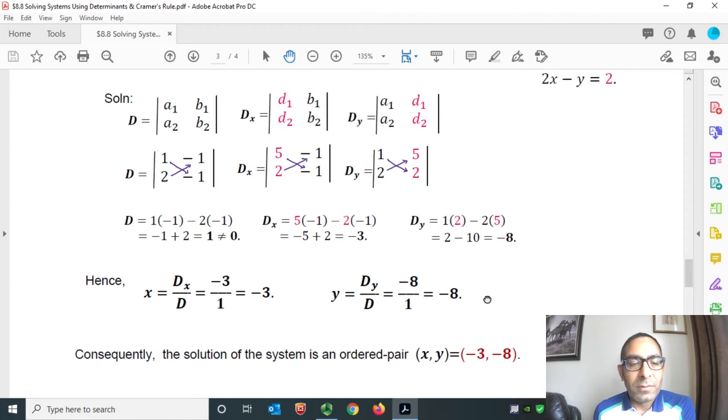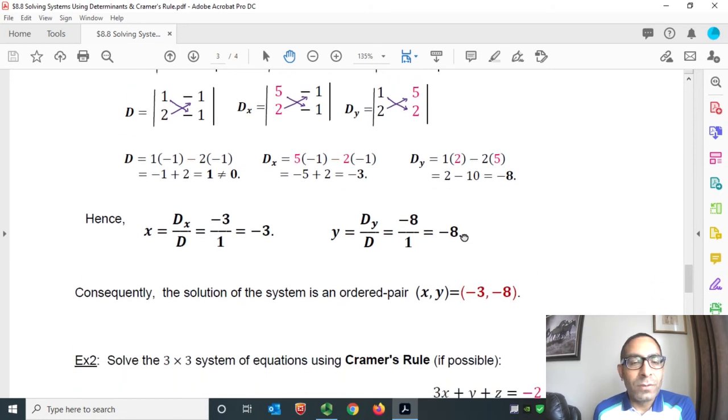Now, by Cramer's rule, the solution x equals the ratio Dx over D. Dx is negative 3 over D is 1. So negative 3 over 1 is negative 3. Hence x equals negative 3.